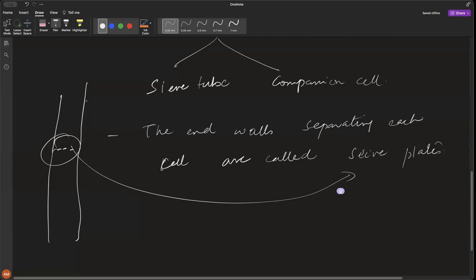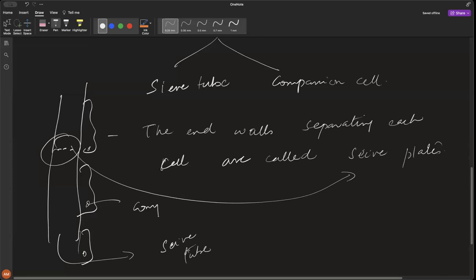And with each sieve tube, there are companion cells randomly distributed. So this is the sieve tube, and this is the companion cell.